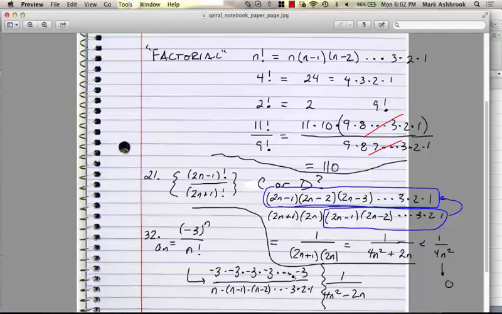Okay, so these first three terms, negative 3 over 1, negative 3 over 2, and negative 3 over 3, that will be greater than... What is that? Negative 3. Is that negative 6? Negative 27 over 6? Yeah. Okay, but then what about all these terms? Then it'd be negative 3 over 4, negative 3 over 5, negative 3 over 6, negative 3 over 7.